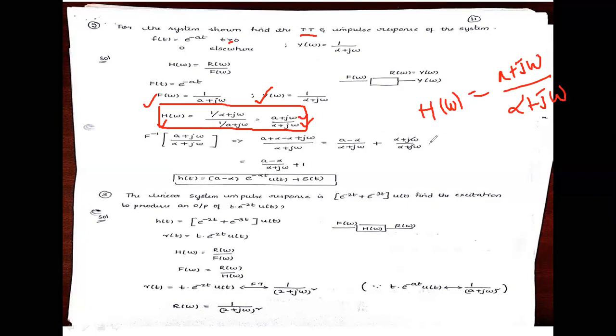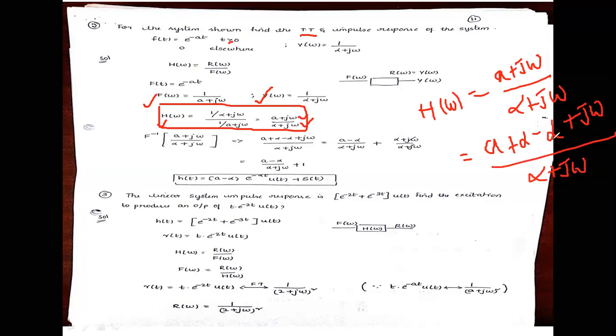My dear students, to get h of t, you simply modify the numerator as a plus alpha minus alpha plus j omega, whole divided by alpha plus j omega.